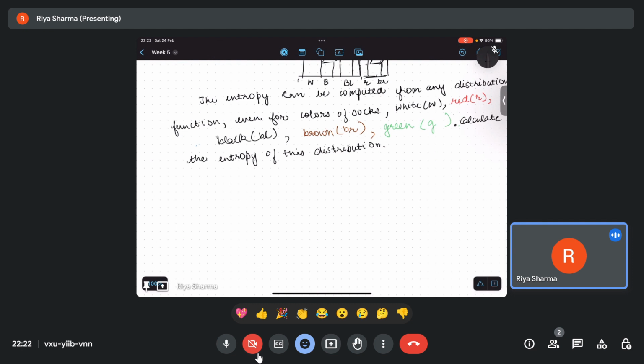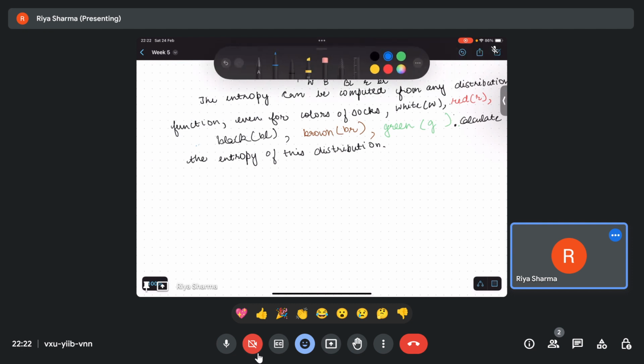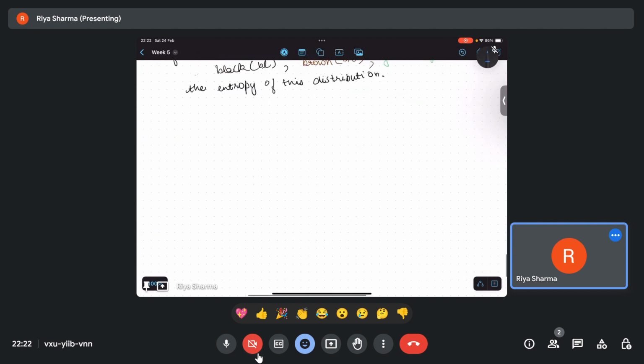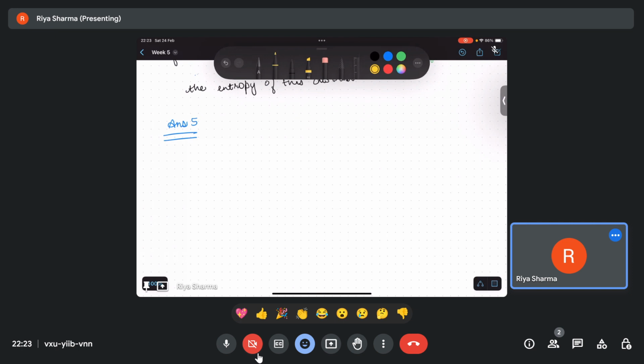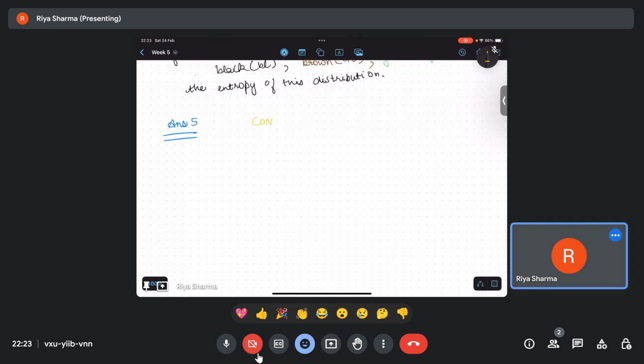The basic formula which you have to use, I'll write. S by K is equals to minus of sum over i equals 1 to N of Pi ln of Pi. So already we know the probability.